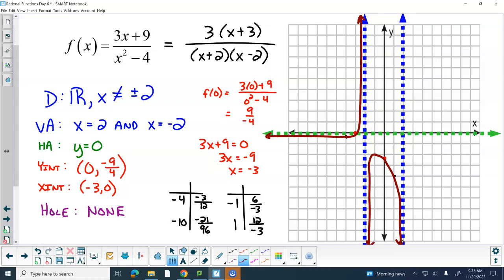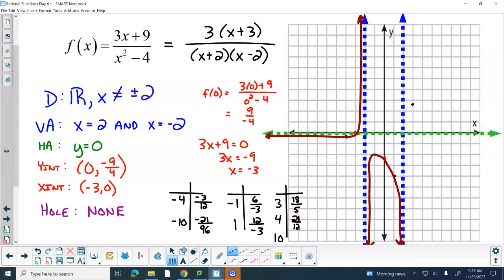Okay? So now we got one more zone to do. 3, 4, and 10. If I plug in 3, 3 times 3 is 9, plus 9 is 18. 3 squared is 9, minus 4 is 5. 18 over 5 is a little bit more than 3, less than 4. 4, 12 plus 9 is 21. 16 minus 4 is 12.